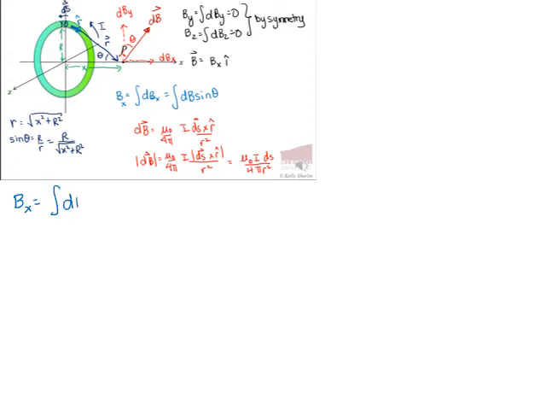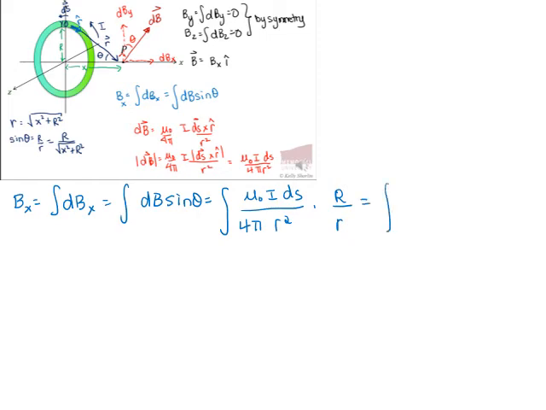So that's the integral of dBx, which is the integral of dB times sine theta. Let's fill in what we have for those terms. So dB is mu naught times I times ds over 4 pi times r squared, times sine theta, and sine theta was capital R, radius of the loop, divided by r, which is your distance from your ds to your point P. So that's the integral of mu naught I times R over 4 pi r cubed ds.